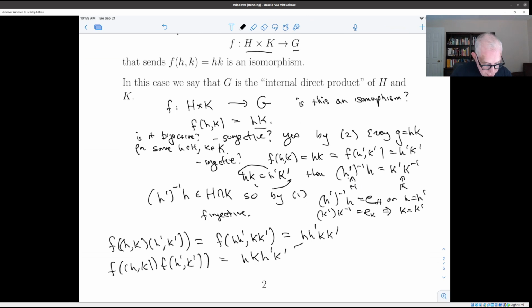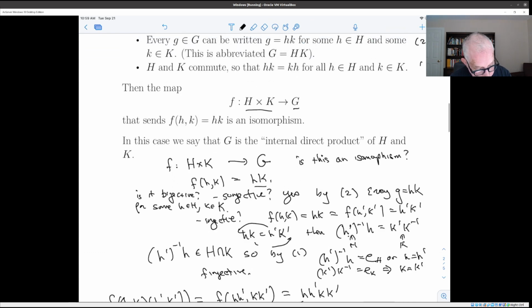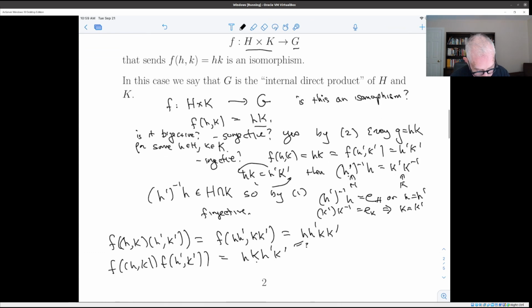And we want these two things to be equal. And this is where we use the fact that H and K commute with one another. Because of 3, hkh'k' is hh'kk', because we can move elements of K past H using this property.